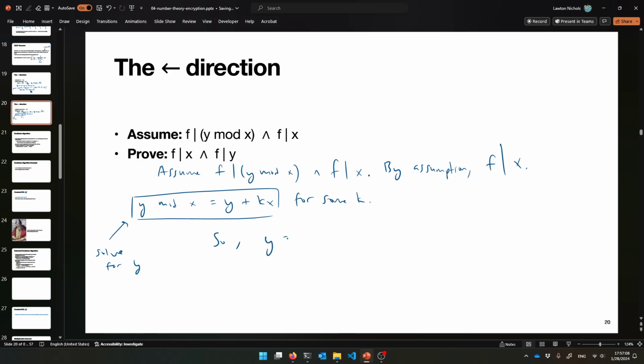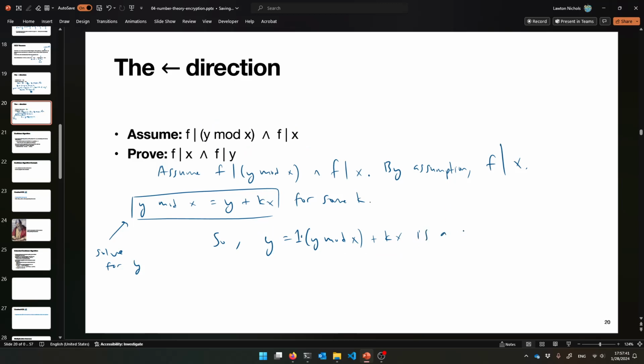Solve for y. So, what do we get? y is equal to, well, it's y mod x minus kx. Let me just write it out. It's equal to y mod x plus kx, and this is the same as 1 times y mod x. And what do you know? So that means y is a linear combination of y mod x and x. I know things about linear combinations, right?